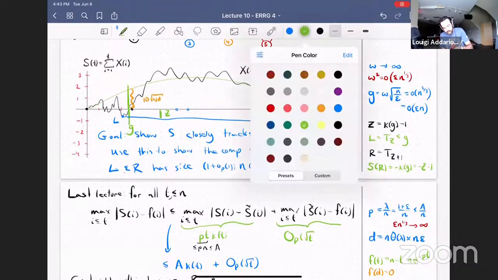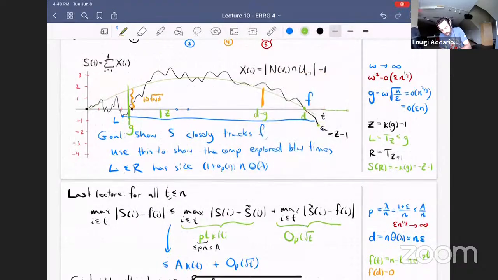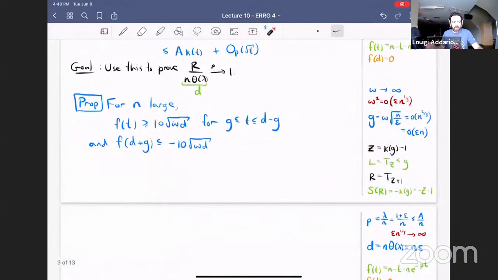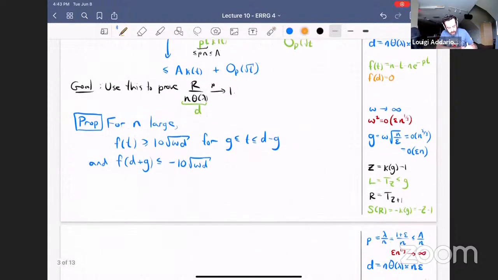And on the other hand, by the time d plus g over here, we're at the same sort of negative distance away from this line. Okay, so that's what I want to use to prove the law of large numbers.